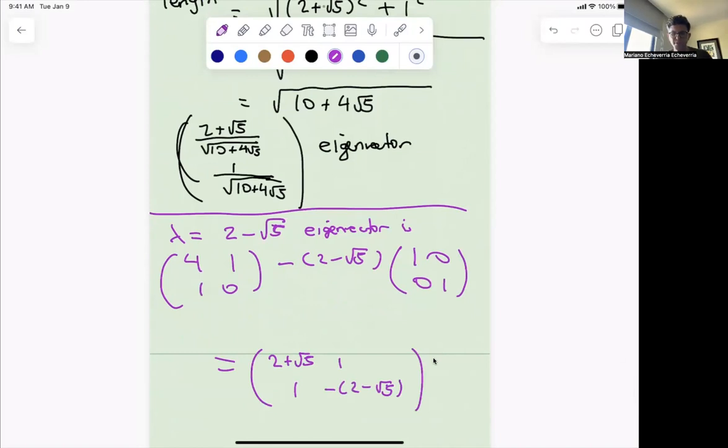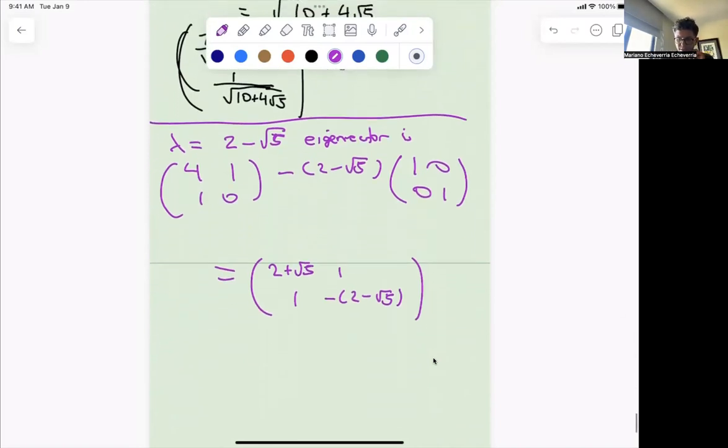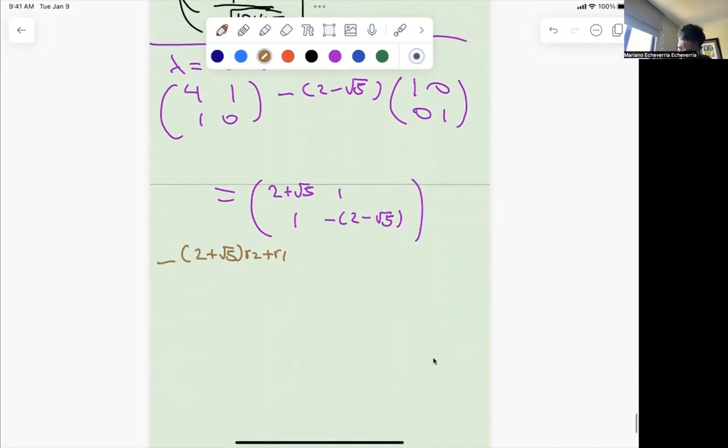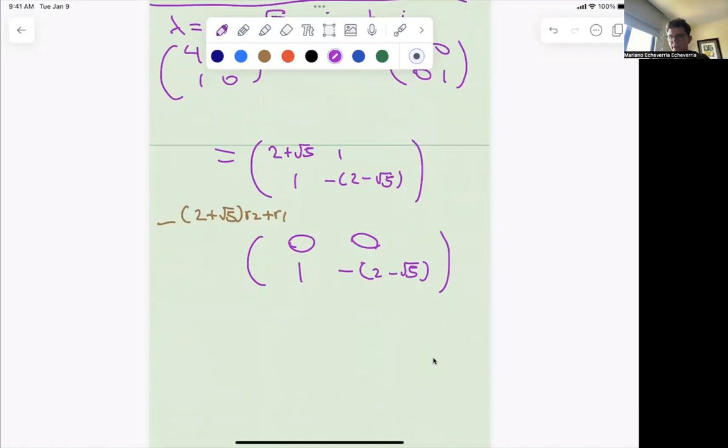And again, it will be a very similar idea. So you want to do something like -2 plus root of 5 times row 2 plus row 1, to make everything in the first row zeros. The eigenvectors end up looking relatively similar because they are the columns of this rotation matrix.